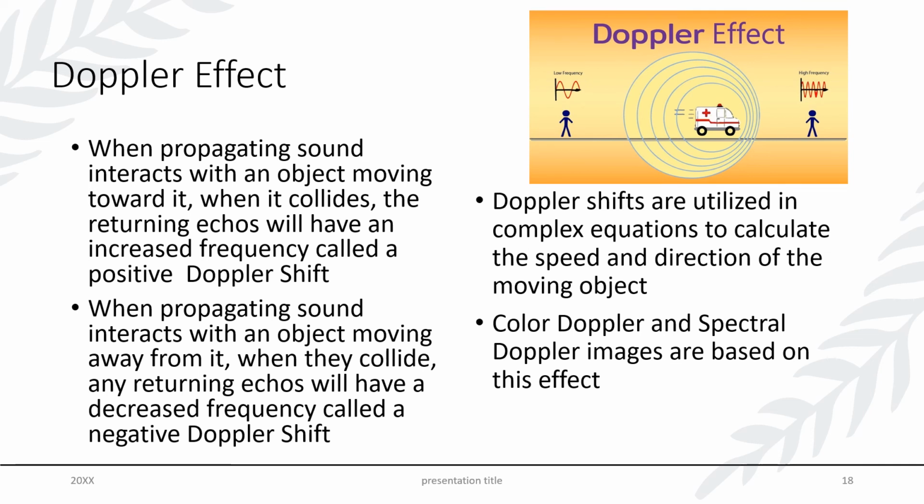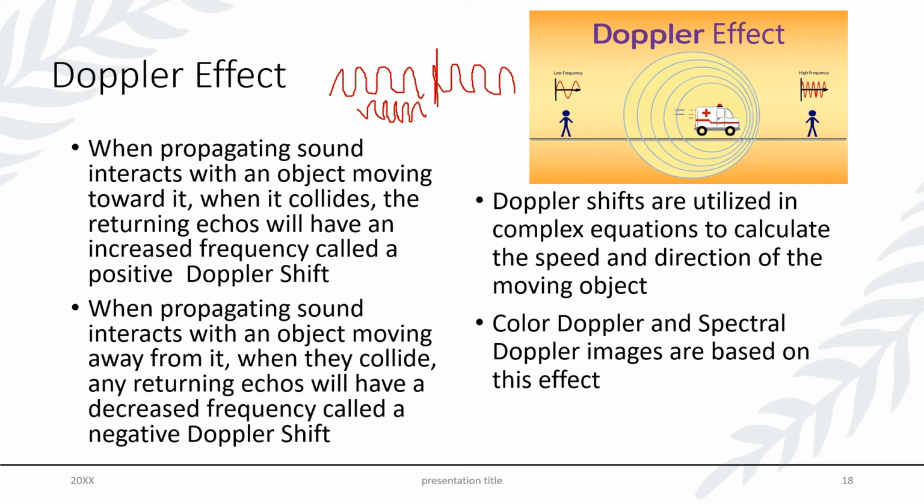We use it very similarly. So the basic idea behind Doppler effect is if we're sending out a sound wave, and that sound wave is coming towards something and eventually crashes into something that has motion in the opposite direction, the reflected echo is going to have a higher frequency than the fundamental or the original echo.